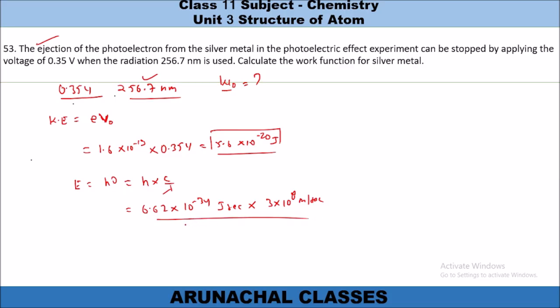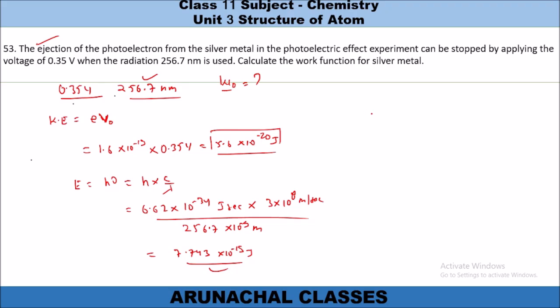Lambda value is 256.7 nanometer, means 256.7 into 10 power minus 9 meter. When I solve this one, it will be 7.743 into 10 power minus 19 joule. So that will be the result here. That is the energy we have got.